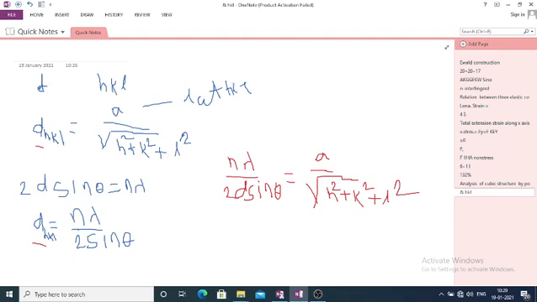If you square both sides of the above equation and rearrange the terms, you can do the multiplication.